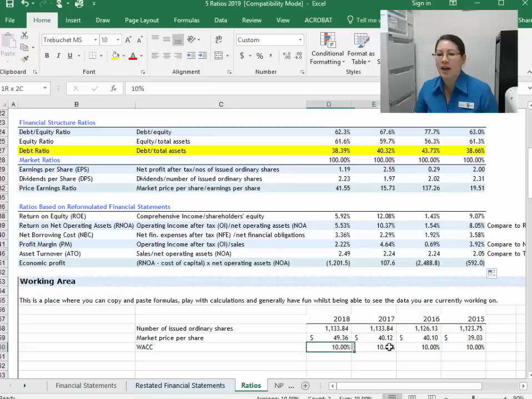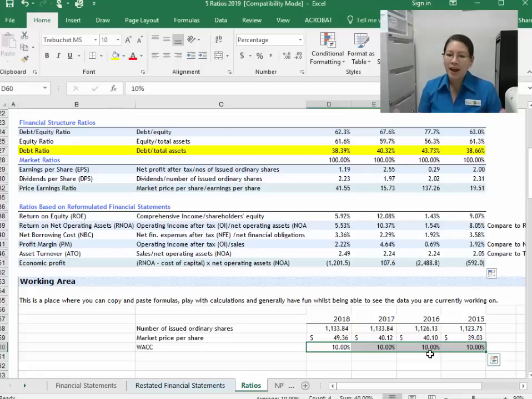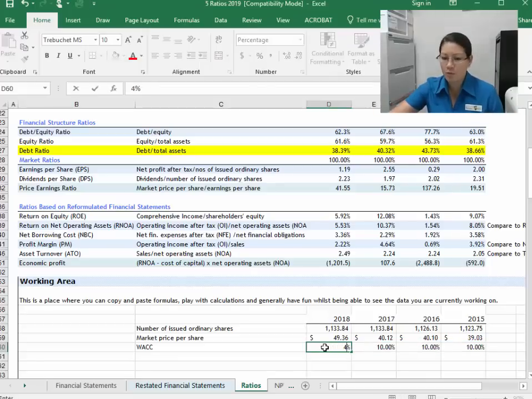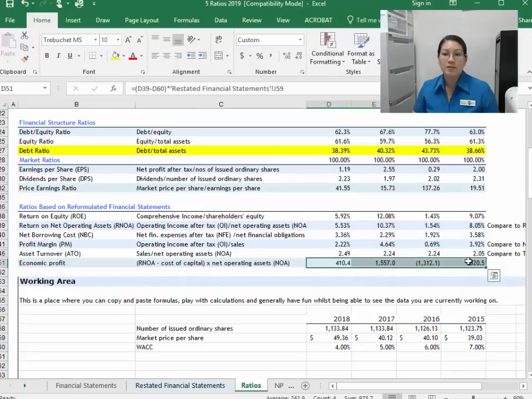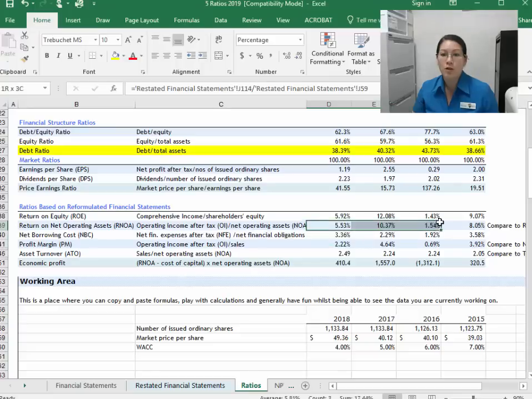Now, again, having said that, I didn't find their cost of capital. I'm just using 10%. If I actually went and found their cost of capital, and we found, say, 4% here, 5% here, 6% here, and 7% here, then it would make a difference to these figures, because it's comparing my weighted average cost of capital with my return on net operating assets.